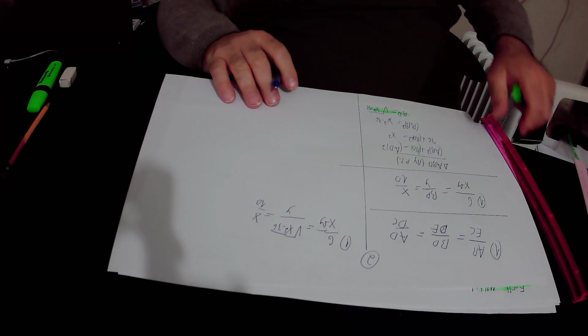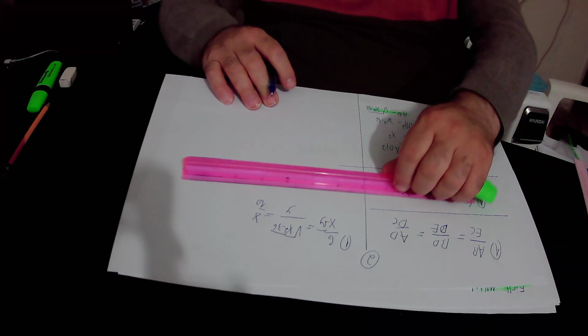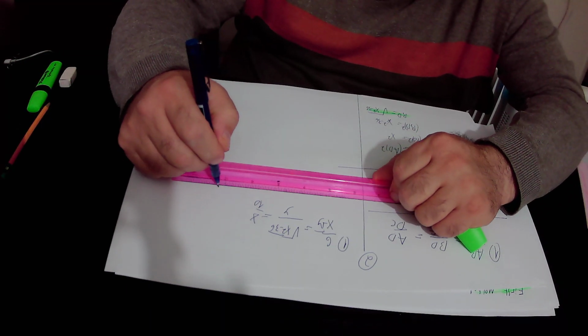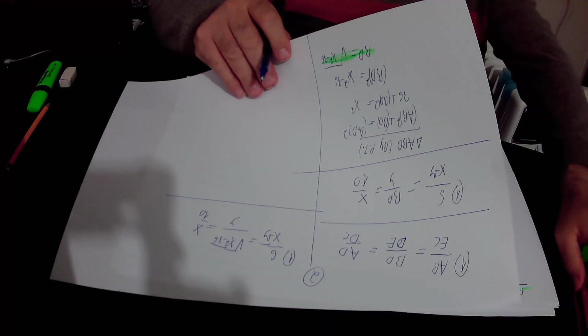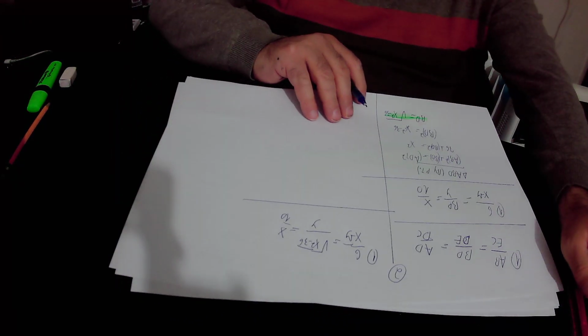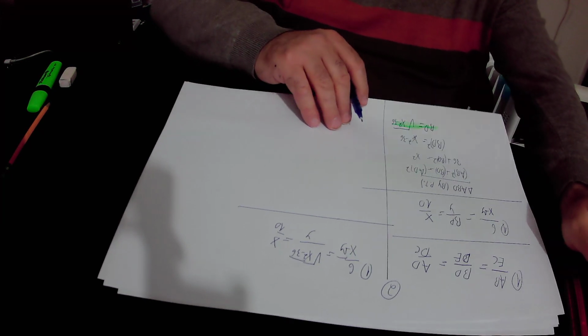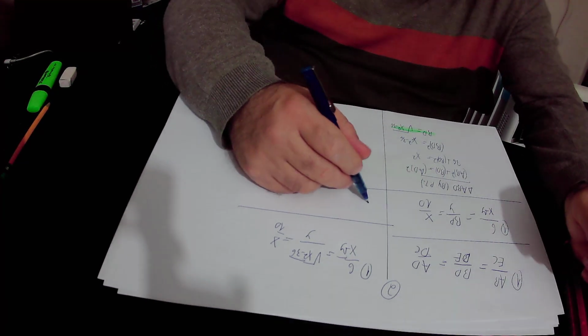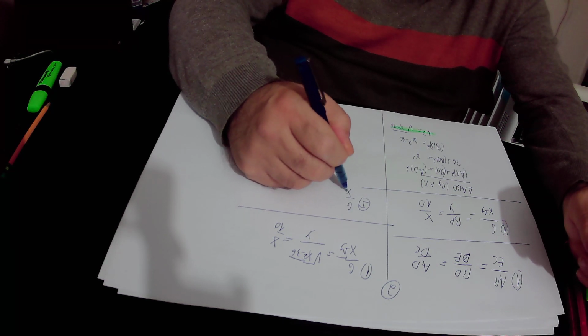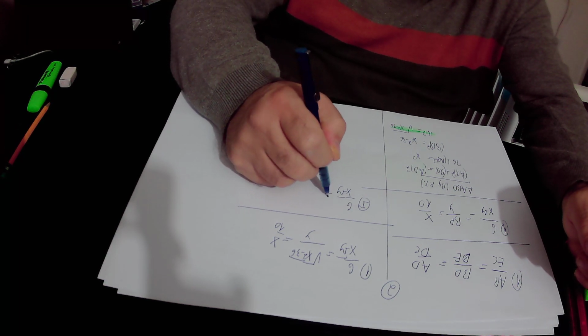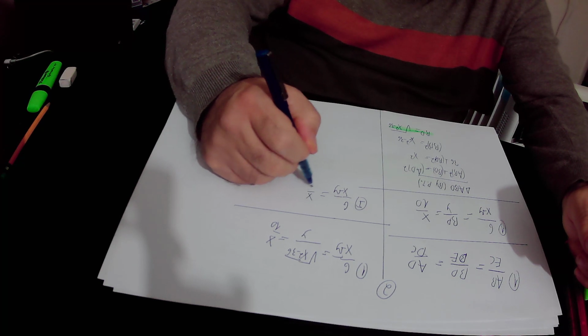Here we create the first equation. The first equation will be 6 over x plus y equals x over 10.